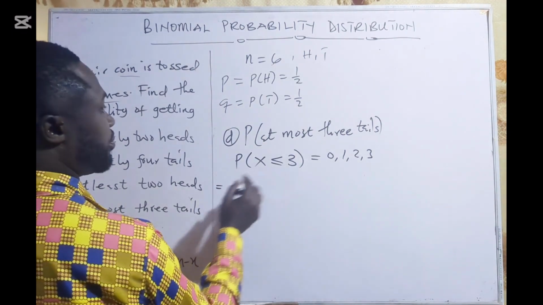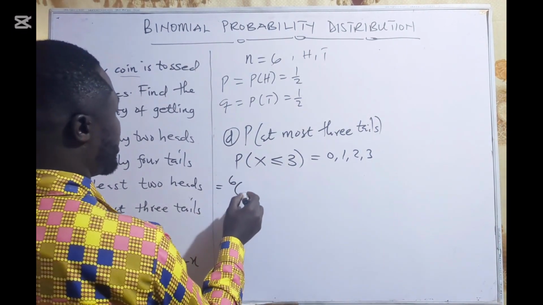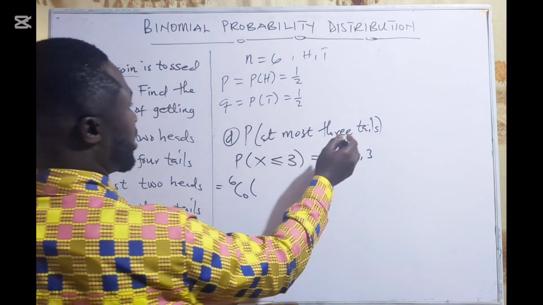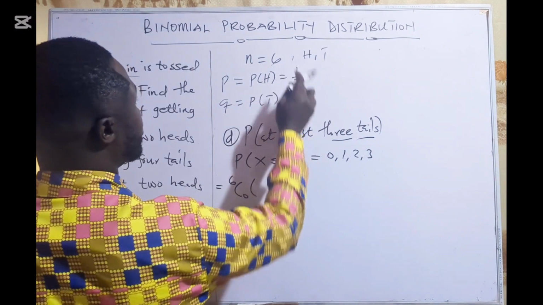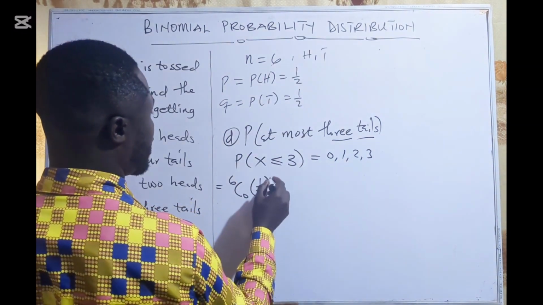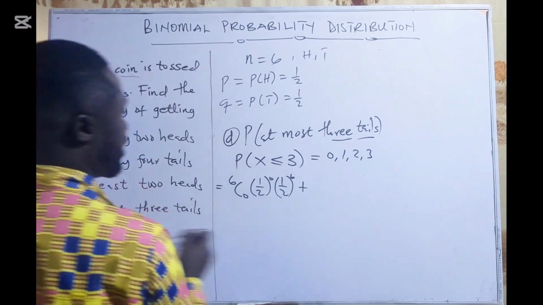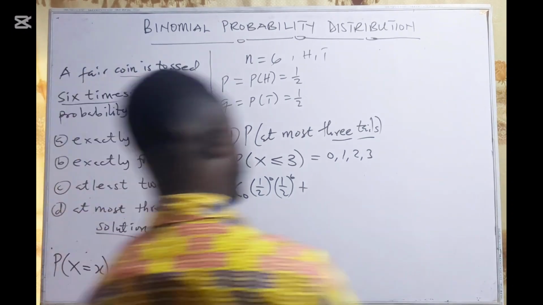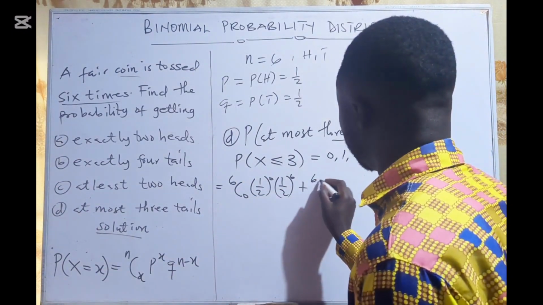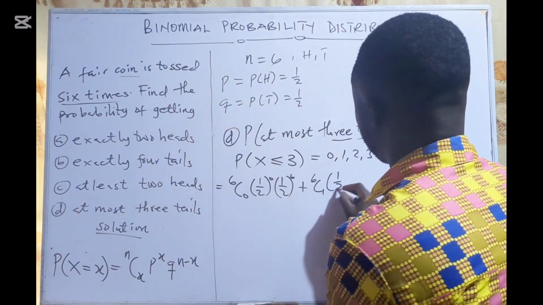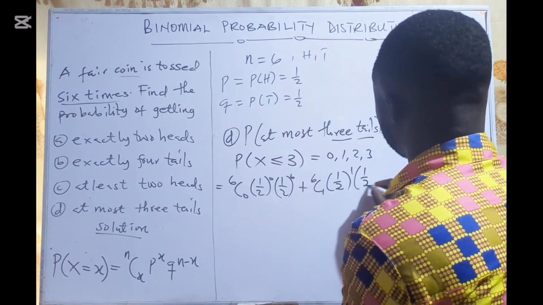We will have 6 combination 0. We are talking about tails, so tails is 1 over 2. So 1 over 2 exponent 0, 1 over 2 exponent 6. If the tails is 0, then the heads will be 6. Or 6 combination 1, 1 over 2 exponent 1, 1 over 2 exponent 5.